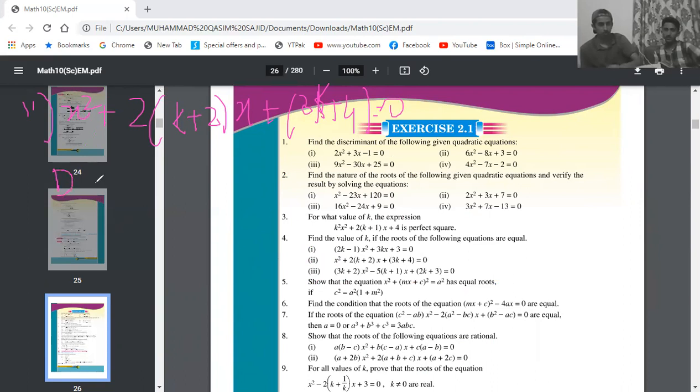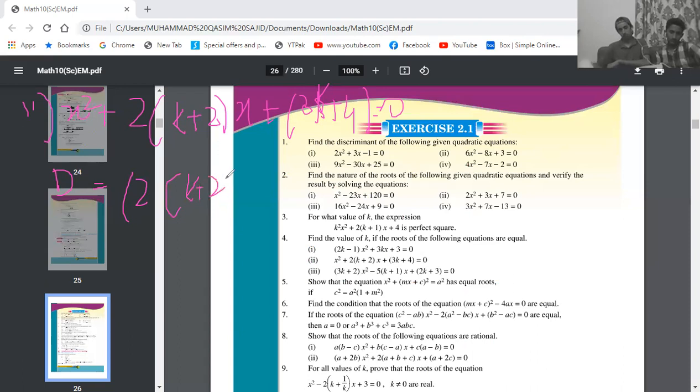Discriminant equals b square minus 4ac. So this must be 2 into (k plus 2) whole square minus 4. The value of a is 1 and the value of c is 3k plus 4. So how to do it?